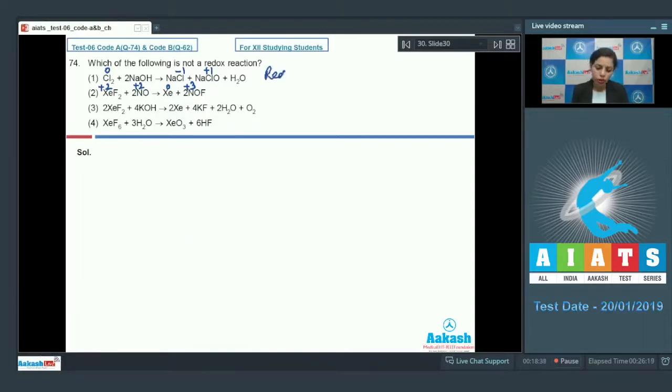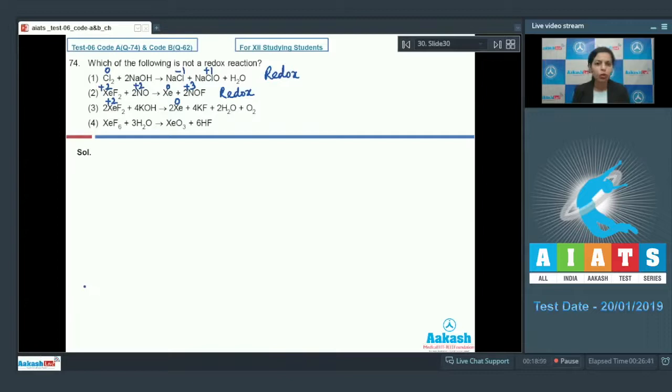So the first was redox, the second is also redox. The third one, XeF2 and KOH, both are reacting to form Xe, KF, H2O and O2. In this case, if I talk about XeF2, xenon is there in +2 oxidation state and it is getting reduced to form Xe.